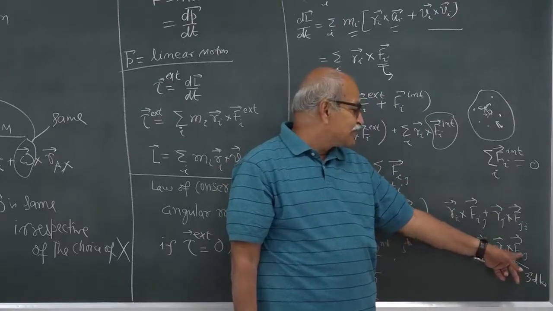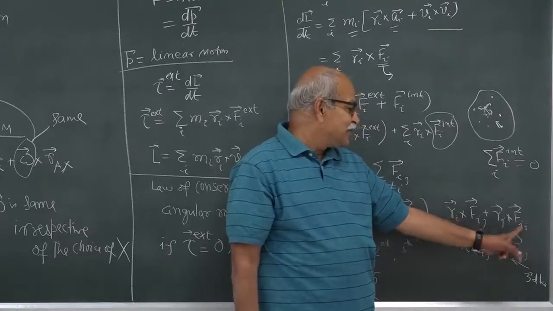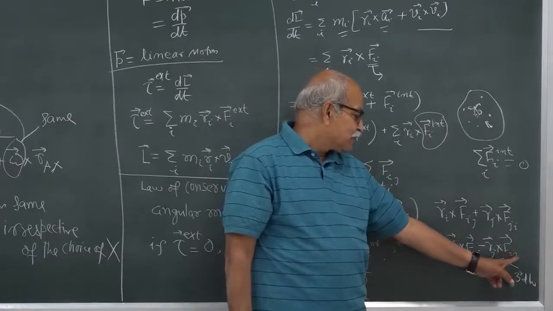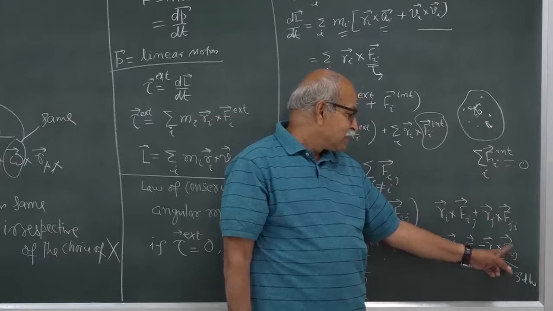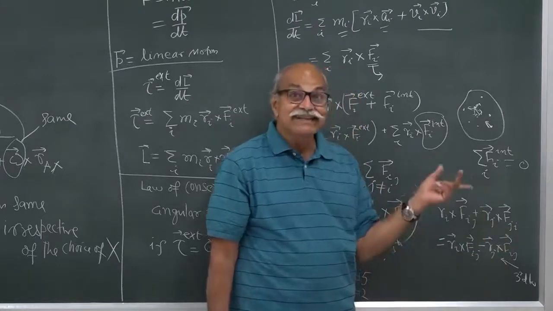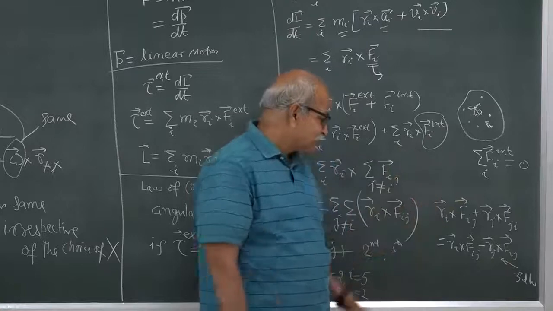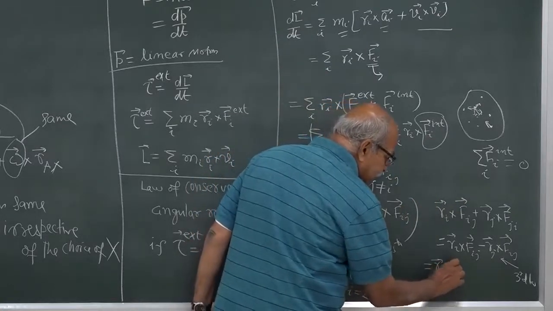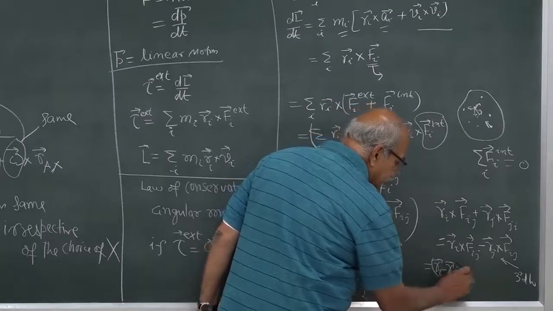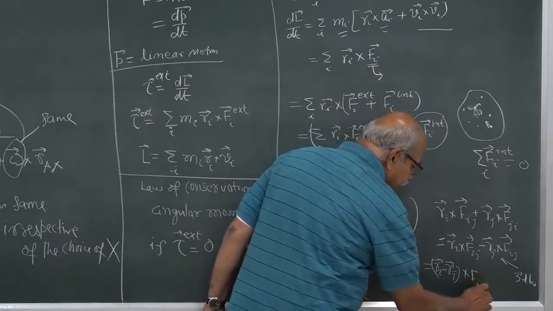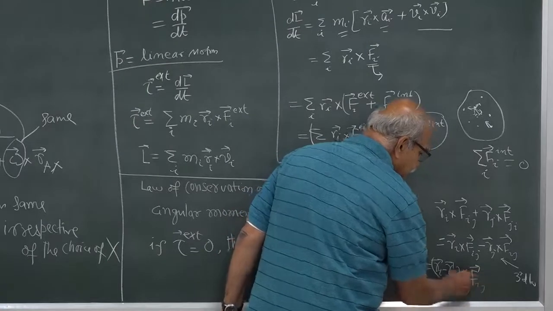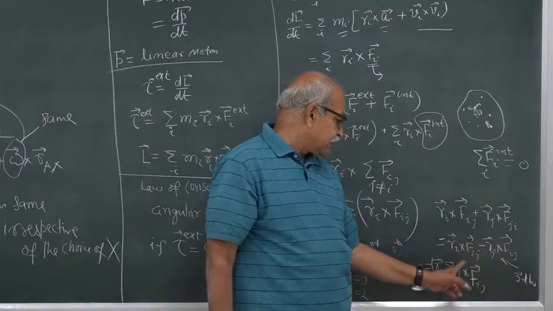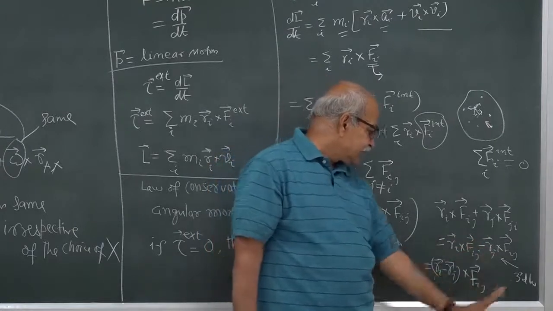The force by the ith particle on the jth particle has the same magnitude as the force by the jth particle on the ith particle, but with a negative sign, opposite in direction. So that is Newton's third law I have used. Now this is equal to Ri minus Rj cross Fij. Ri vector minus Rj vector, cross this Fij taken common.